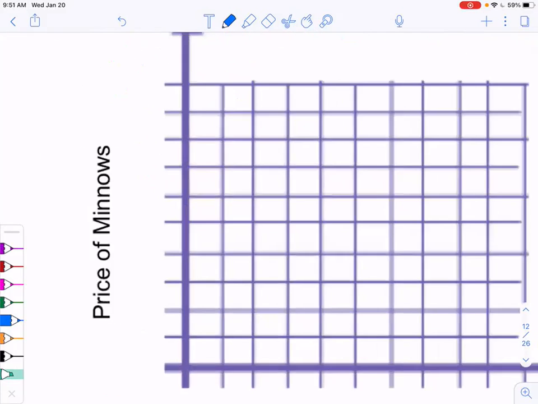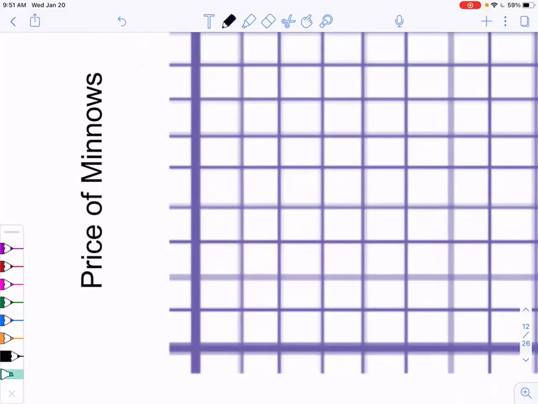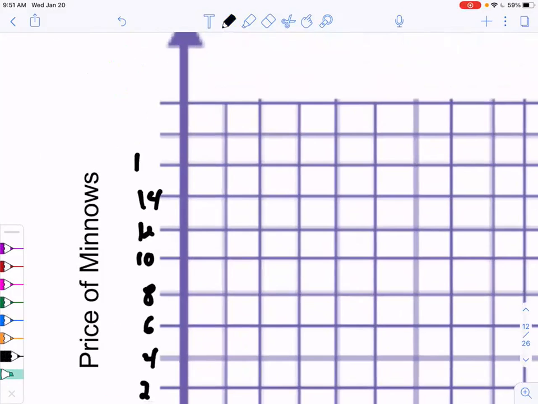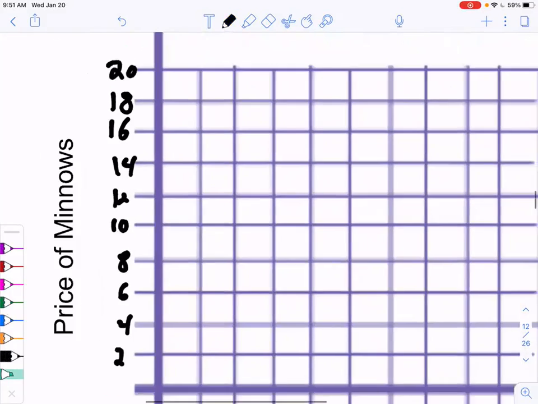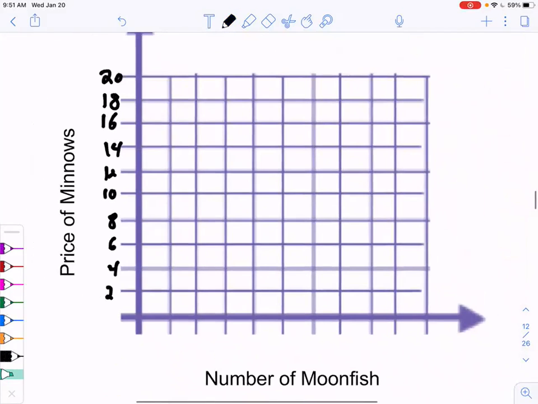So we're going to put these in 2s. 2, 4, 6, 8, 10, 12, 14, 16, 18, and then 20. And if you label the x-axis the same way as the y-axis, then it keeps everything equivalent. Counting by the same thing.